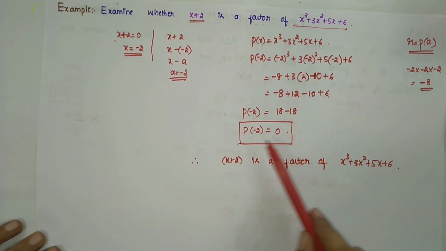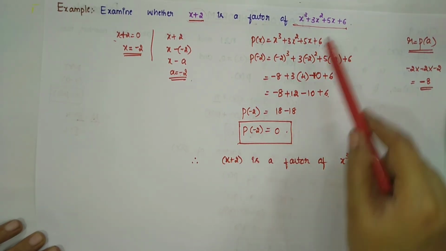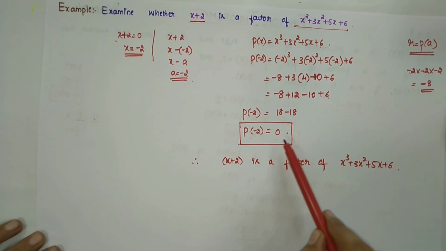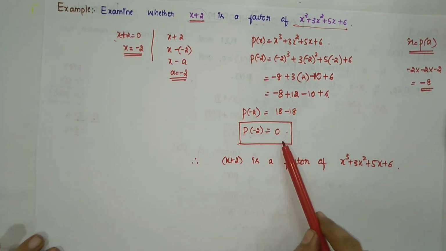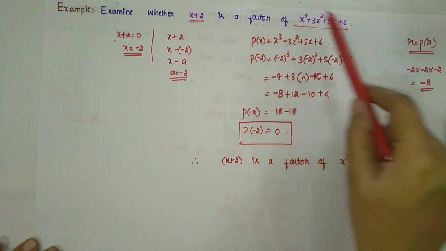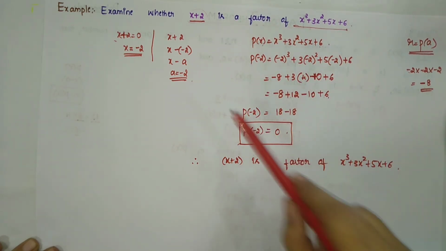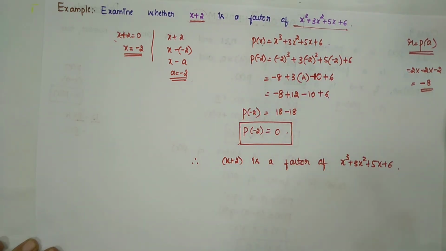If after substituting you get the value equal to 0, then you should conclude that it is a factor of the given polynomial, or else you should write that it is not a factor of the given polynomial p of x. So this is about the statement and proof of the factor theorem and also an example for that.